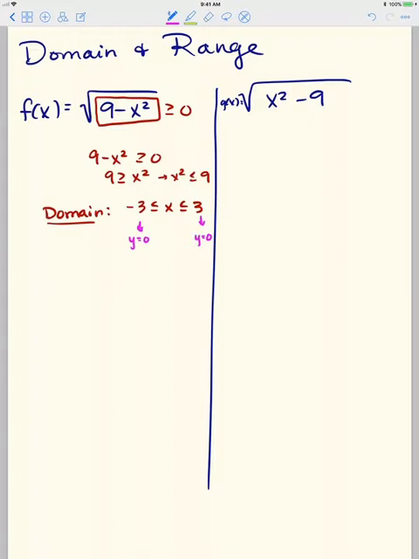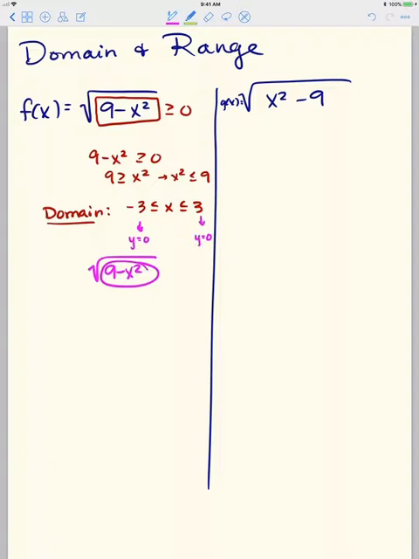So the closer you get to 0, like negative 2 or 1.5 or a half or 0.01, the x squared portion under that square root gets closer and closer to 0, and that means you'll take 9 and subtract a smaller and smaller number.